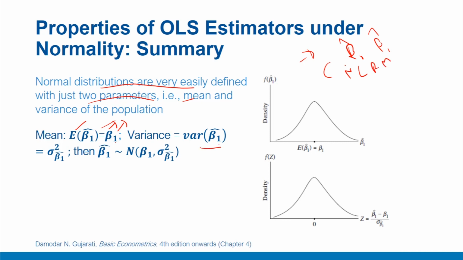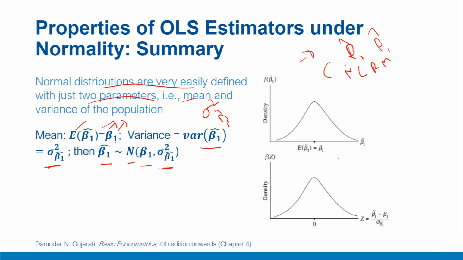Its variance is the variance of beta 1 hat, which we called sigma square beta 1 hat, and therefore we said that beta 1 hat is normally distributed with a mean of beta 1 and a variance of sigma square beta 1 hat.